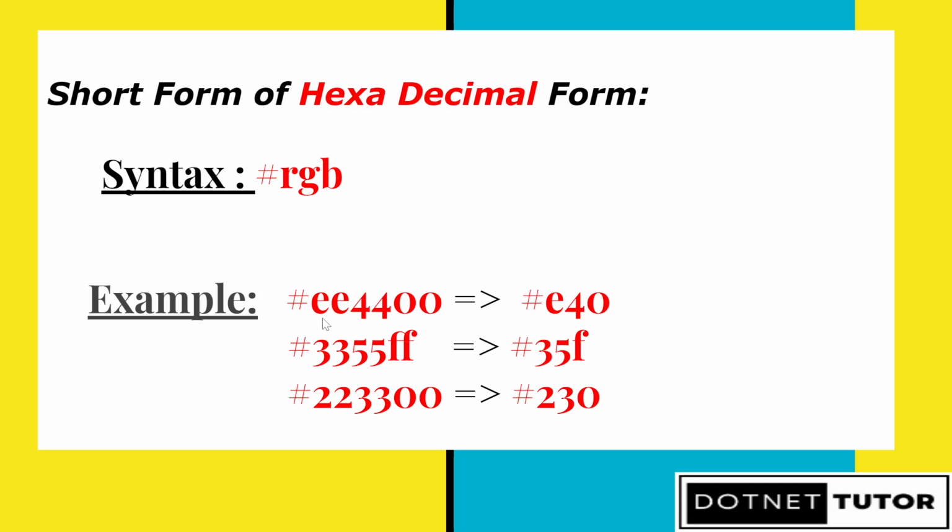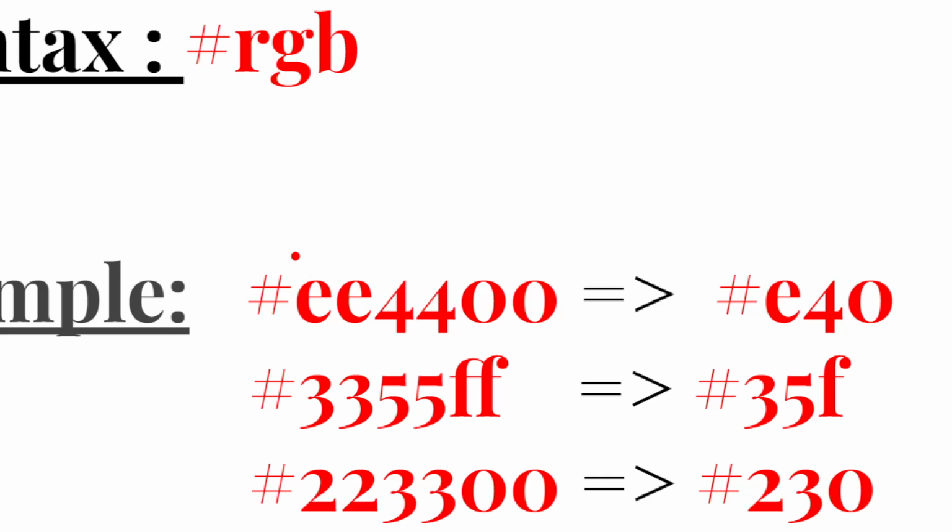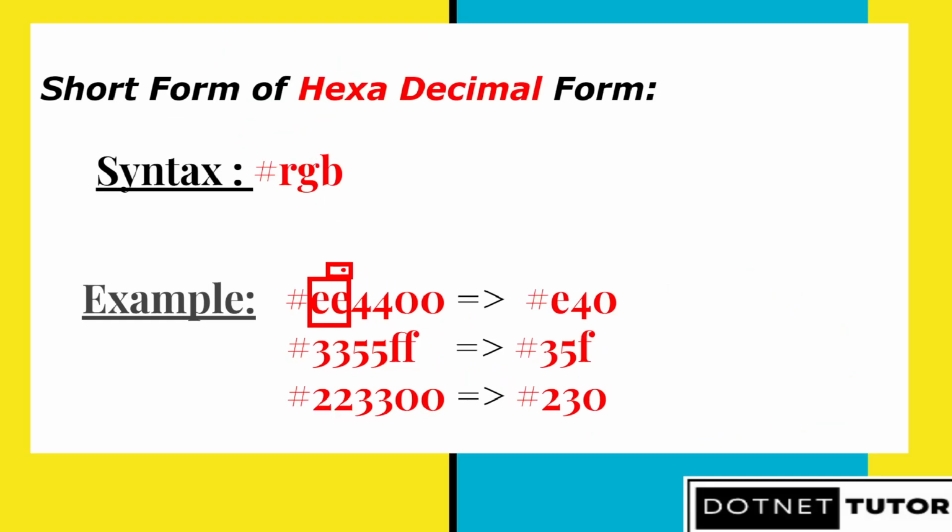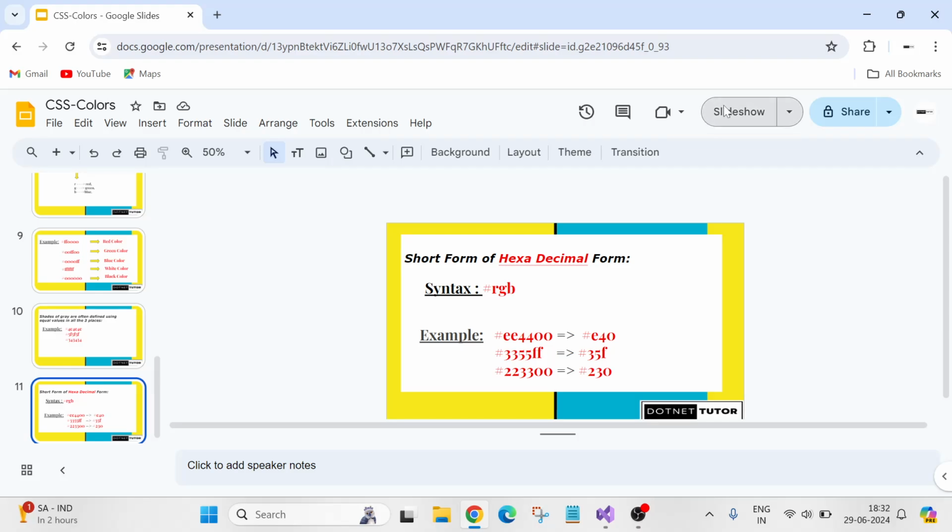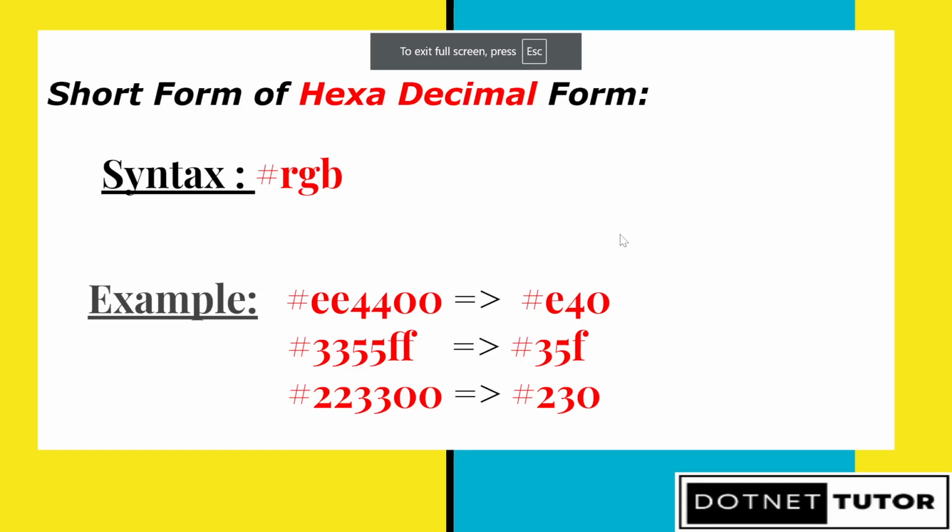If we have two equal values in two places, we can reduce them into 1.